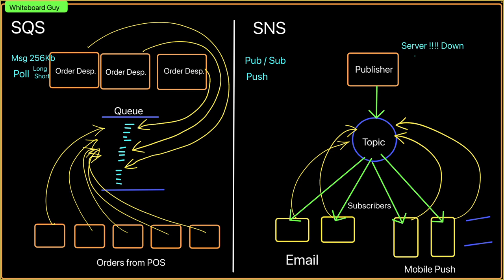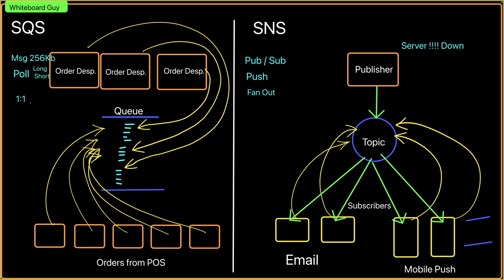Another function that it also has, which many developers find very cool, is that it can do a fan out. The reason I mention that is because our queuing service is a one-to-one relationship. So you'll see that one polling service is sending to one queue, and that one queue is being accessed via my order dispatching service.